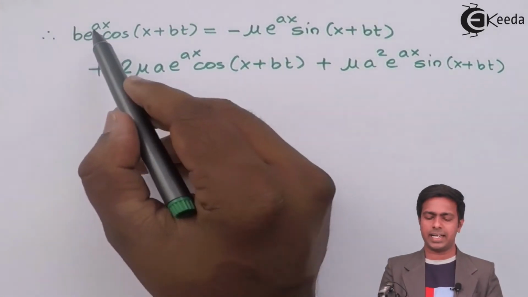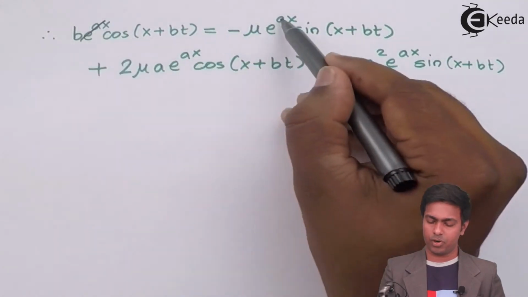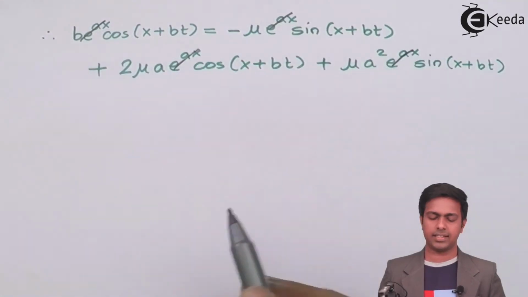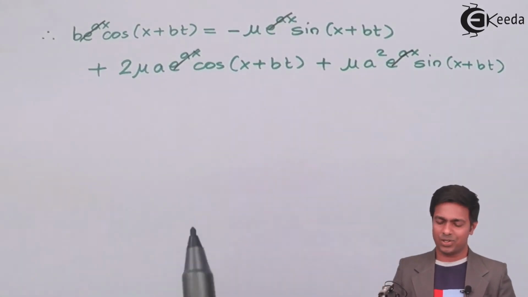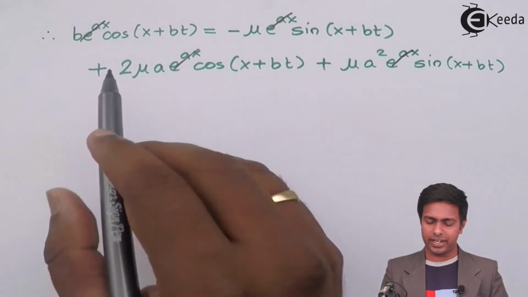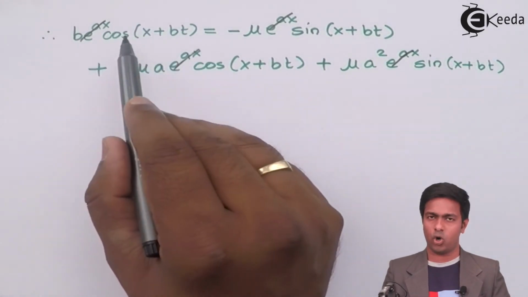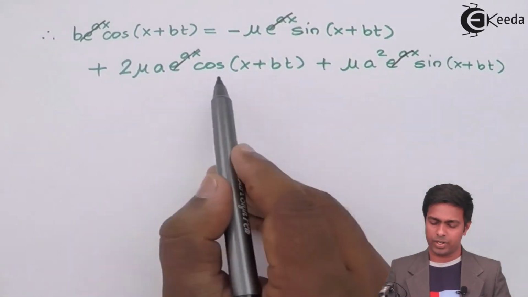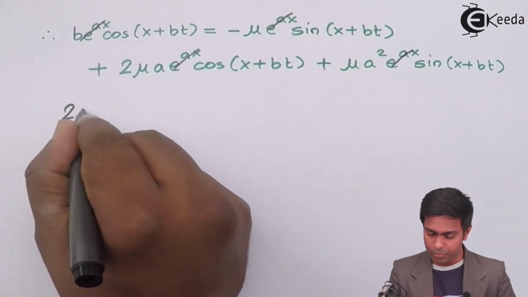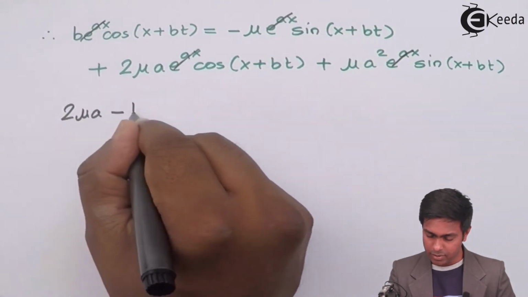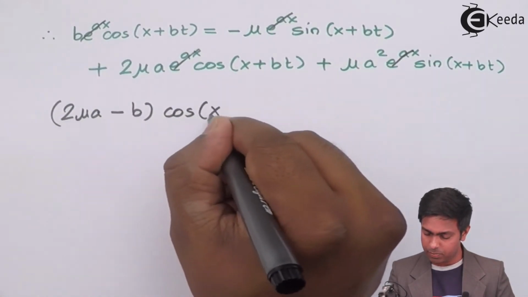Now from both the sides I can cancel the term e to the power ax which is there. So from both the sides I'll cancel this term, and now we will take cos terms together and sine terms together. So here by doing that, what we'll get is I'll shift this b cos of x plus bt on this side, so it will come together with this term and we will get 2 mu a minus b into cos of x plus bt.